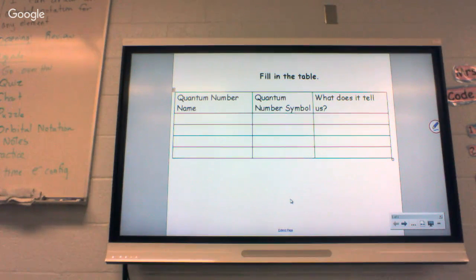Alright. You go write down what math and information you're looking at. Alright, if you look at the keyboard.